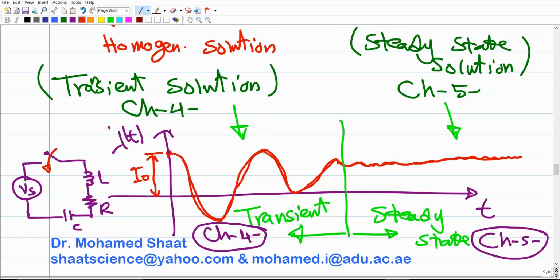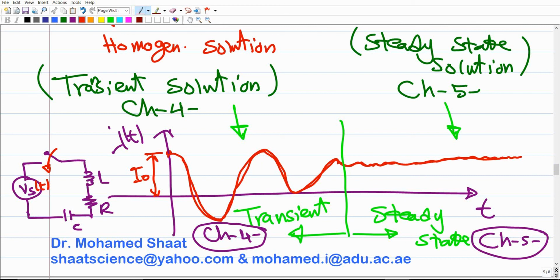So the current will start to change, especially in case this one is a function of time, meaning the voltage is already changing over time. So we are expecting the current over the electrical circuit to change, decrease, then increase, then decrease, then increase, and so on, till after a while it reaches a steady state.